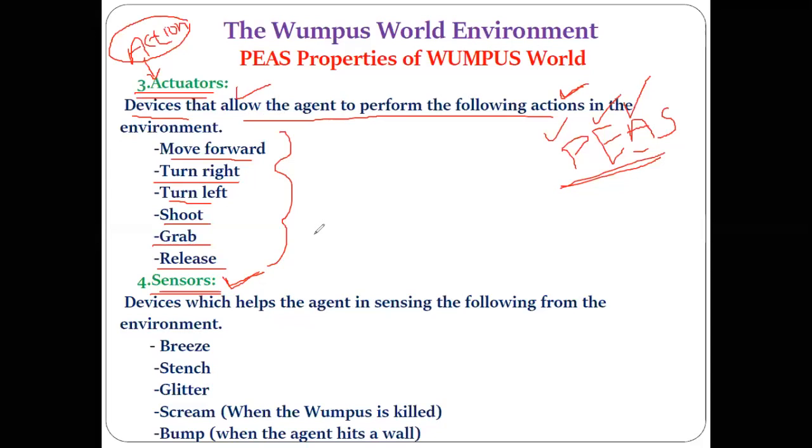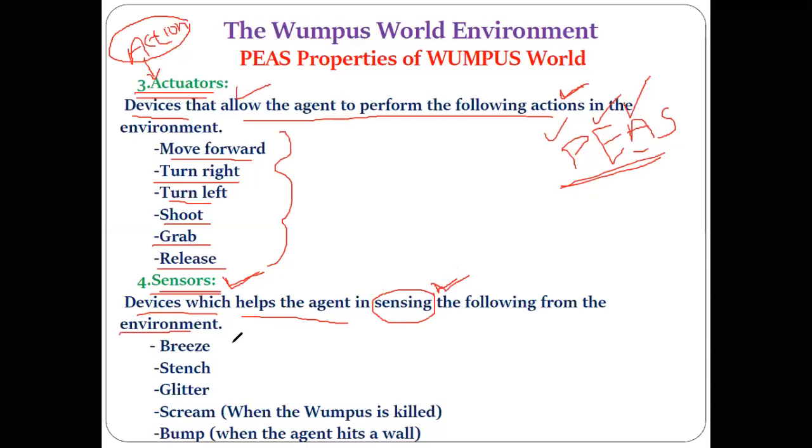Now, there are multiple kinds of sensors currently being utilized by this kind of AI agent. But in the case of our Wumpus World environment, we need sensors utilized for a specific purpose. So here I have mentioned that sensors are devices which help the agent to sense different kinds of perceptions or different things from the environment.